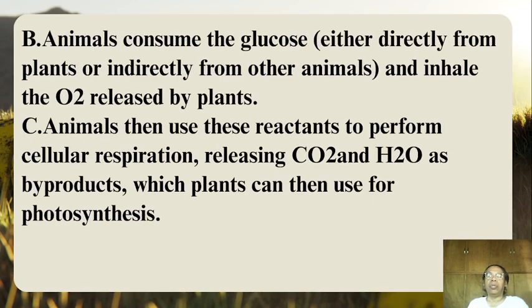Animals consume the glucose either directly from plants or indirectly from other animals and inhale the oxygen released by plants. Animals then use these reactants to perform cellular respiration, releasing carbon dioxide and water as byproducts, which plants can then use for photosynthesis.